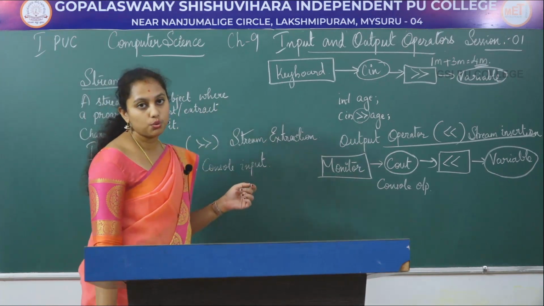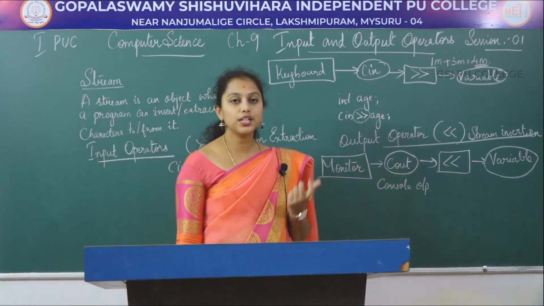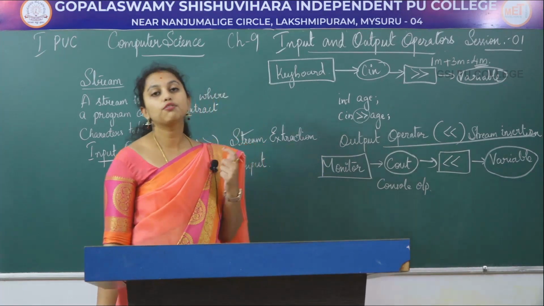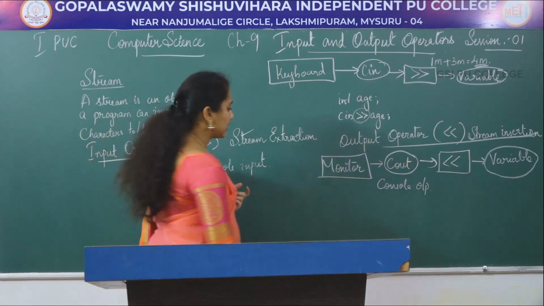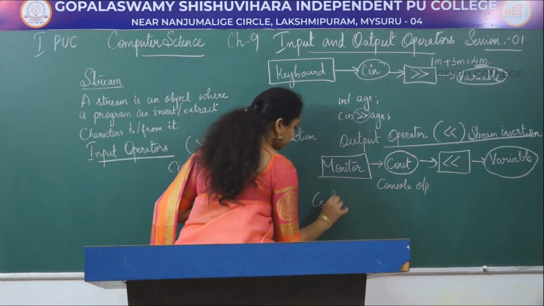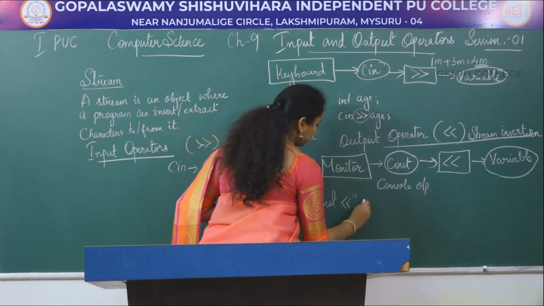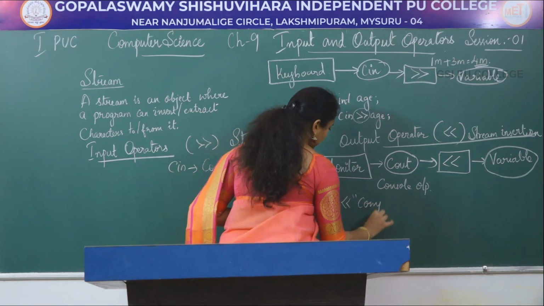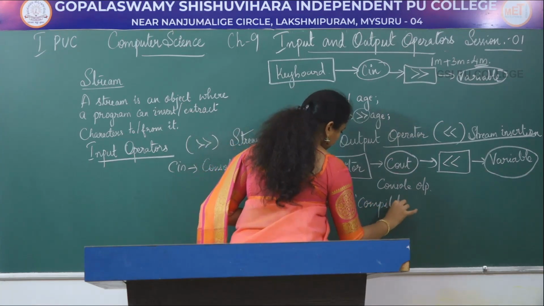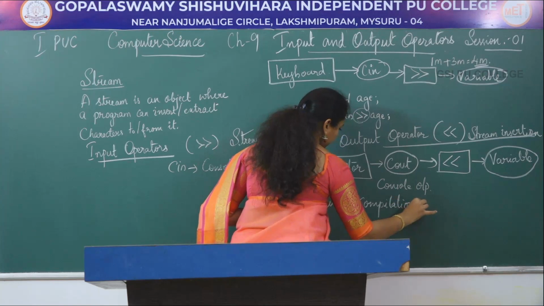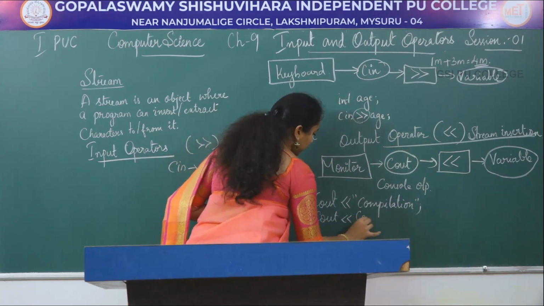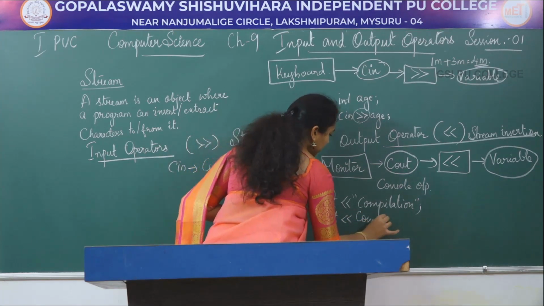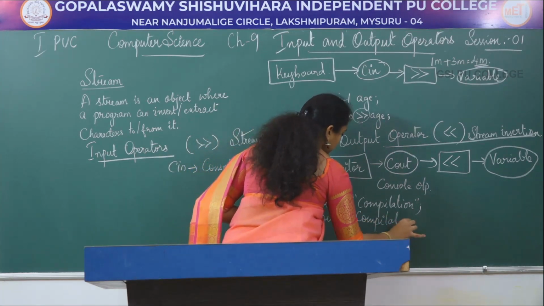Whenever we want to print a string of characters, we have to enclose it within double quotes. For example, cout << "compilation" and cout << compilation. What is the difference between these two statements?